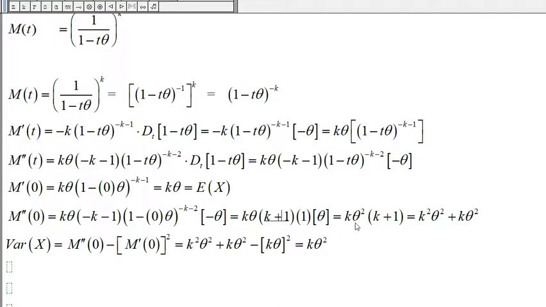So that's how we end up with k theta squared times k plus 1, which is k squared theta squared plus k theta squared.